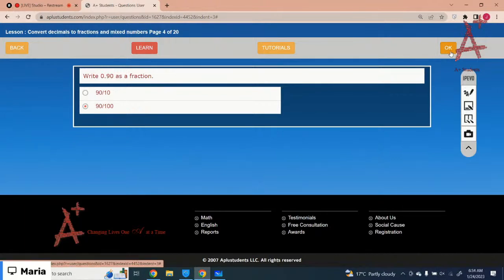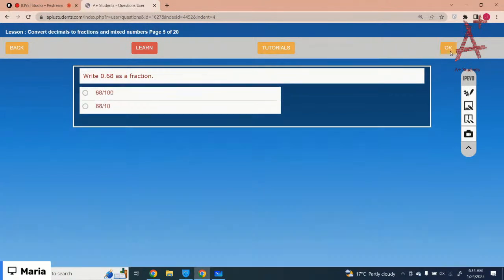Got it? Not 9 by 100. 90 divided by 100 it is.